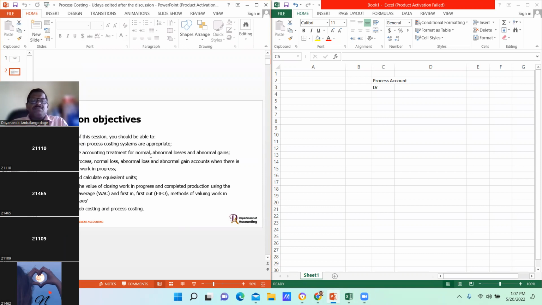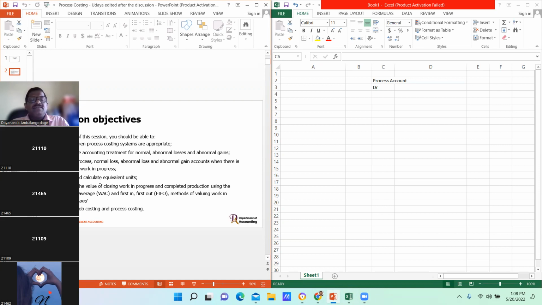Accounting treatments, there are three things here: normal loss, abnormal loss, and abnormal gain. We will prepare the process accounts for normal losses, abnormal losses, abnormal gains, and even for work in progress.